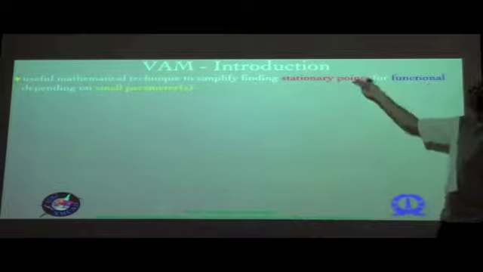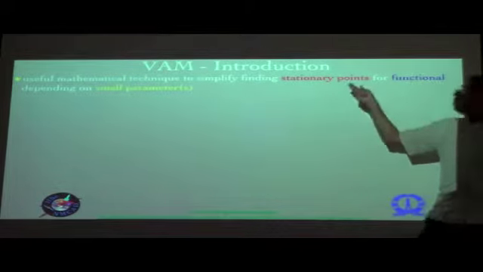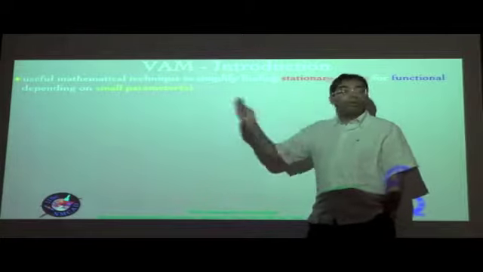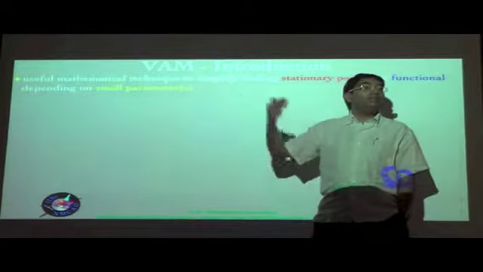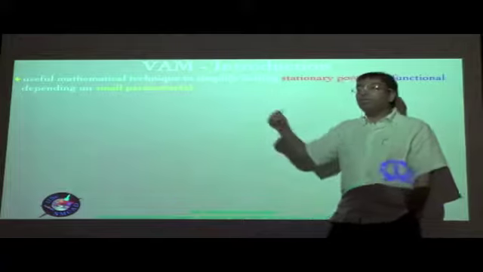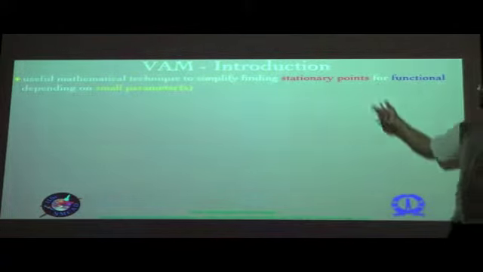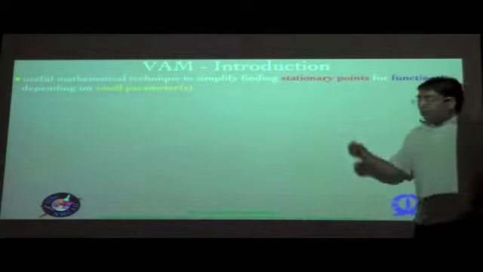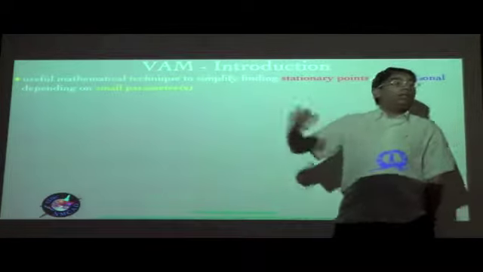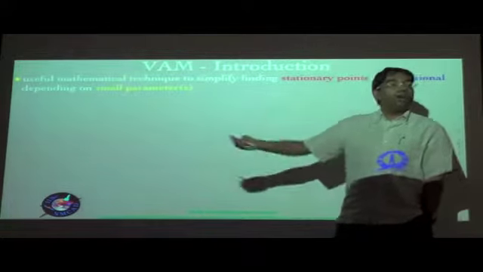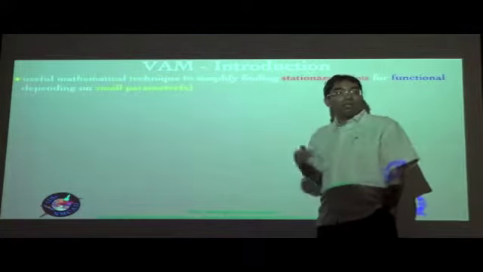If you can find the stationary point of the functional easily, even without taking advantage of the small parameters, well and good, you can directly do that. There can be nothing better than that. But in most engineering problems, the functional is so complicated that determining the stationary points exactly is either not analytically possible or, when numerically possible, is computationally involved and takes too much computational time and effort.